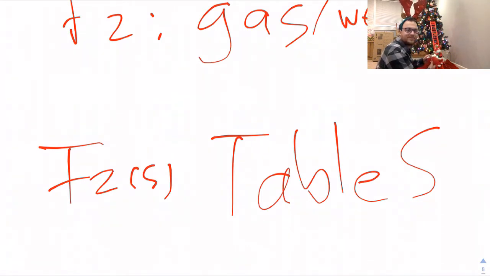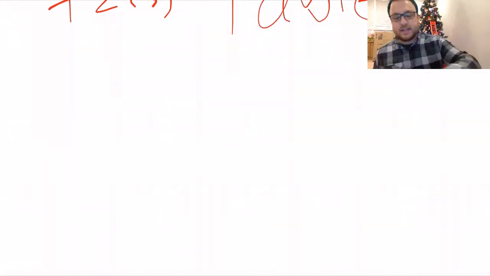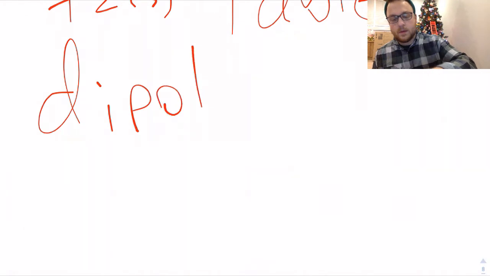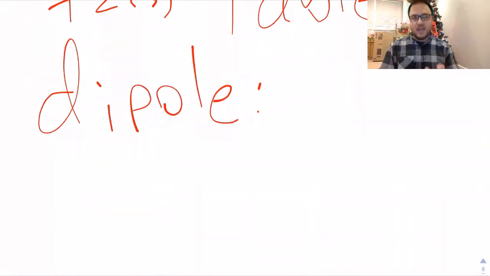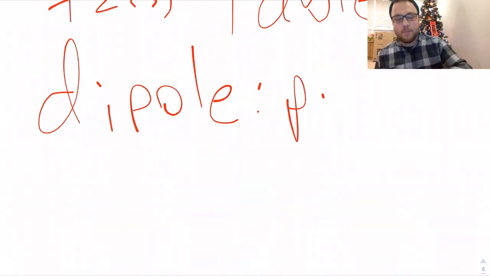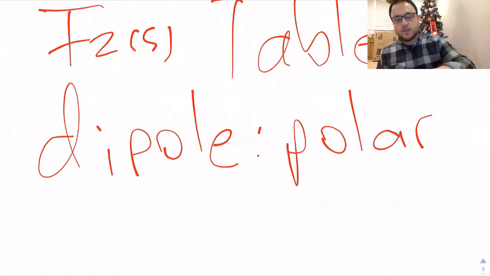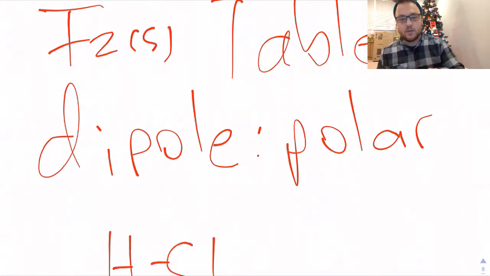What's the other IMFs we need to know? IMF 2 is dipole. And dipole is the main IMF, because remember, dispersion is in all molecules, but dipole is the main IMF of polar molecules. So something that's polar, like maybe HCl, for example, is going to have a dipole attraction.